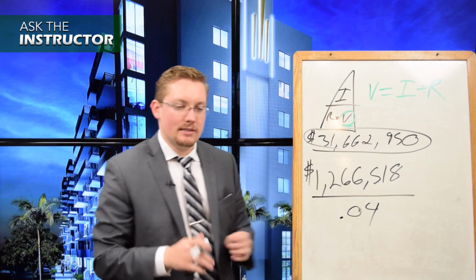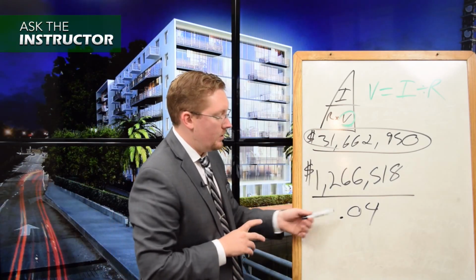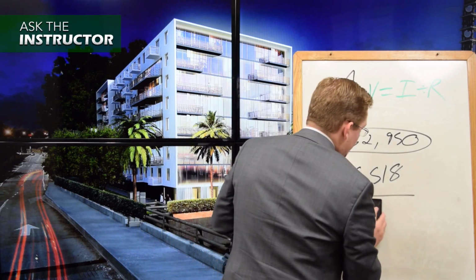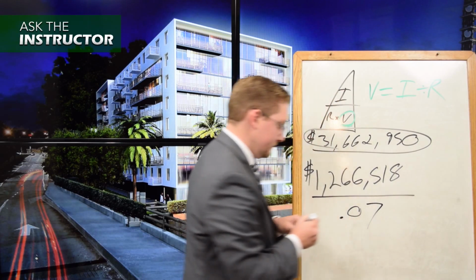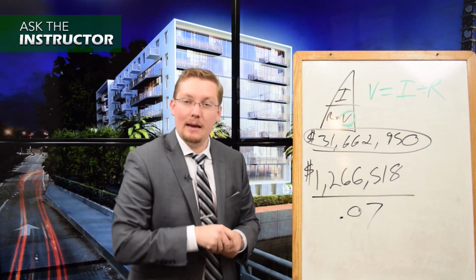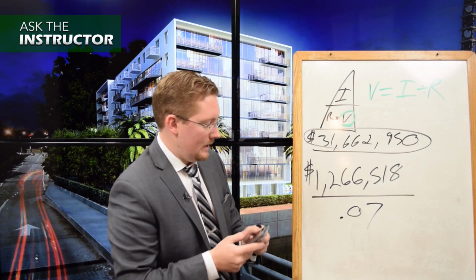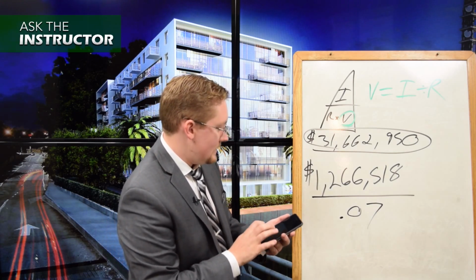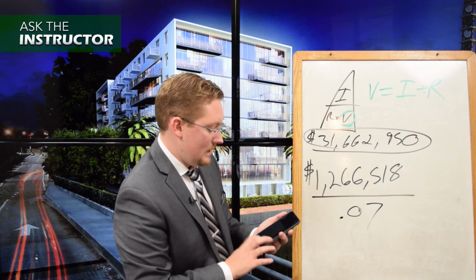But now, just so you understand these numbers a little bit better, let's say the investor, or maybe you as the investor, says, 4%, that's worst case scenario, but really I don't want a 4%. Really, I'm shooting for at least a 7% return on investment. So now what do we have to buy this at in order to get a 7% capitalization rate, a 7% return on investment? Again, we're just replacing the 0.04, the 4%, with 7%. So we're going to do $1,266,518 divided by 0.07.